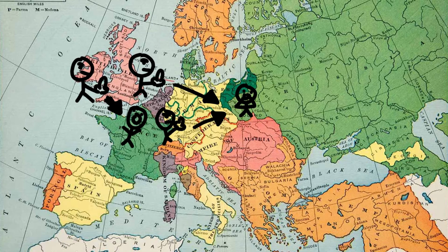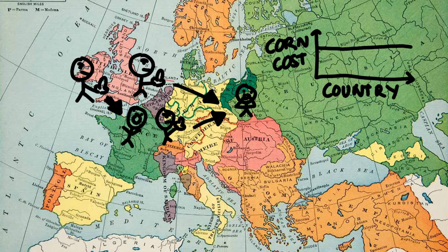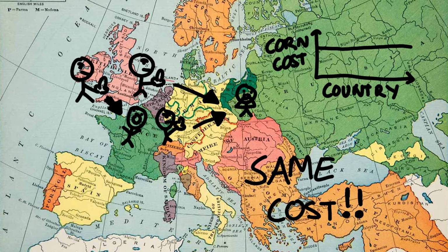So even though England is more advanced than France, and they're both more advanced than Poland, because abridgment of labour is not easy to accomplish in agriculture, all those countries could produce food at roughly the same level of efficiency, which meant that the cost of their product was the same.